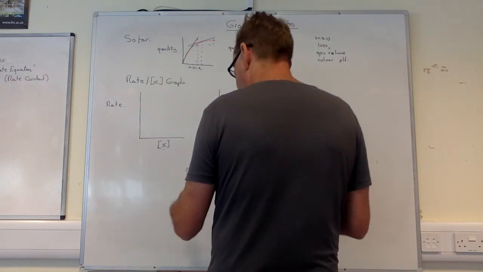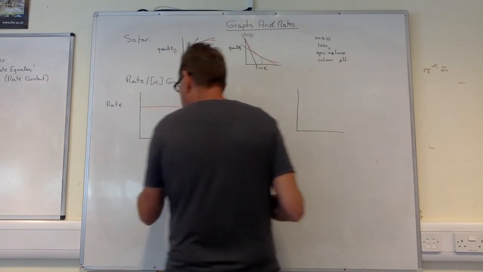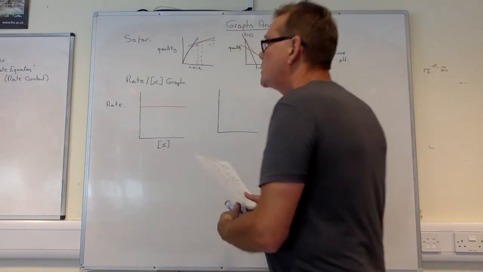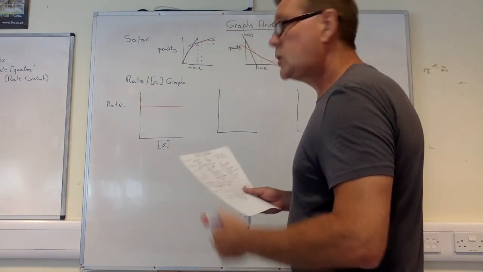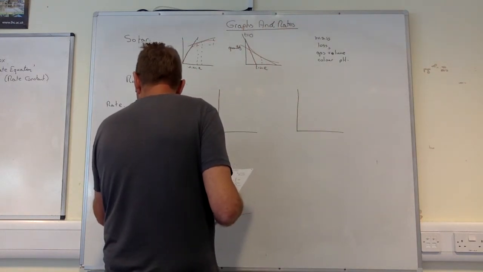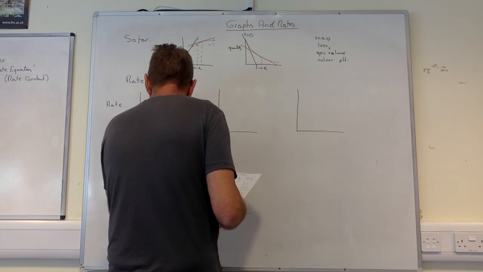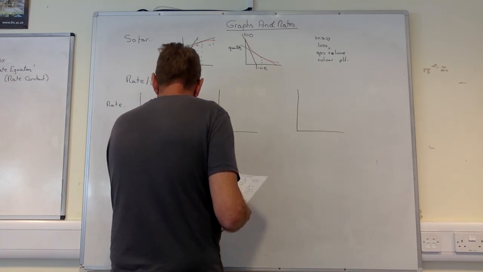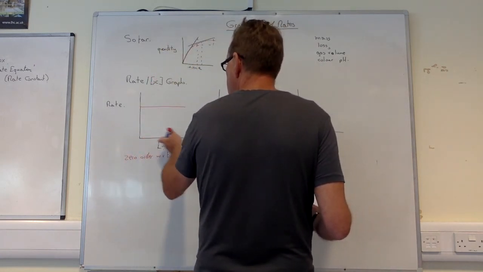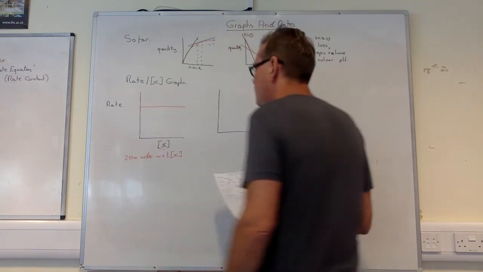As the concentration of this gets used up, as the experiment proceeds, the rate is unchanged. A straight line like that is what you would expect. In other words, zero order with respect to X concentration. As that concentration changes, increases, decreases, whatever, the rate stays the same.